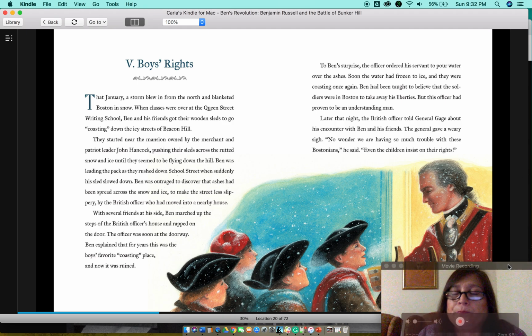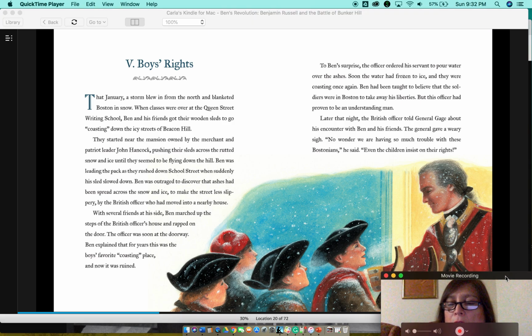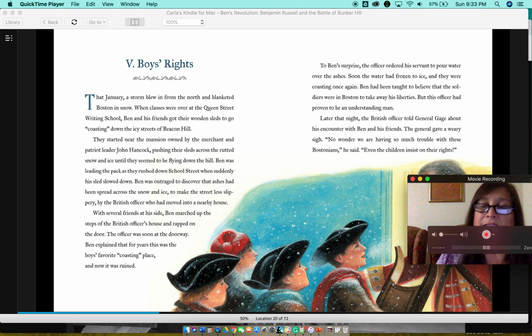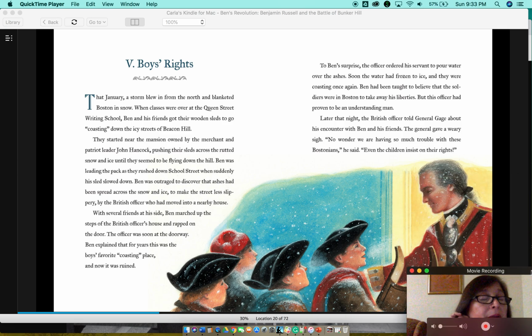Chapter 4. And I like this part. This is where the author in his note says that this did indeed happen, but we don't know if Ben was in it, but it did happen. Boys' Rights. That January, a storm blew in from the north and blanketed Boston in snow.